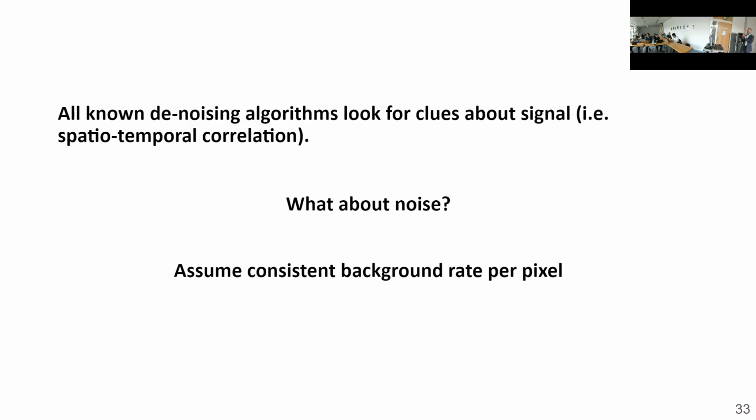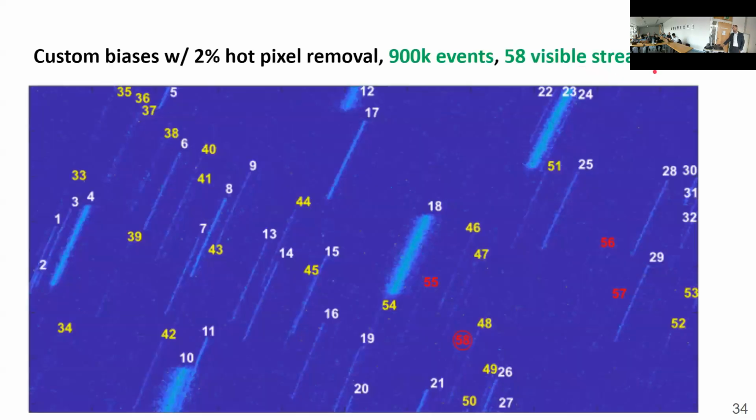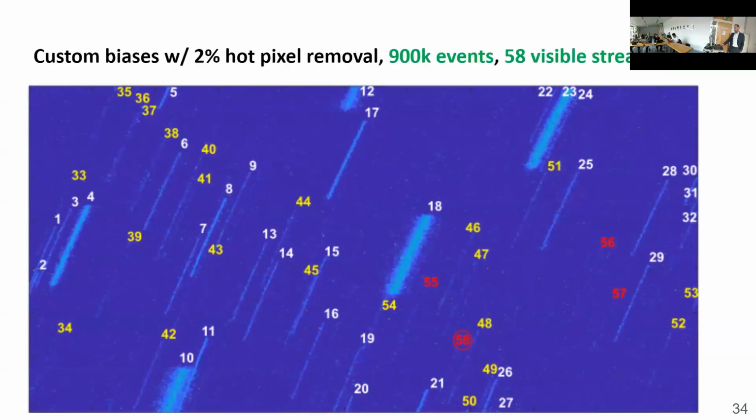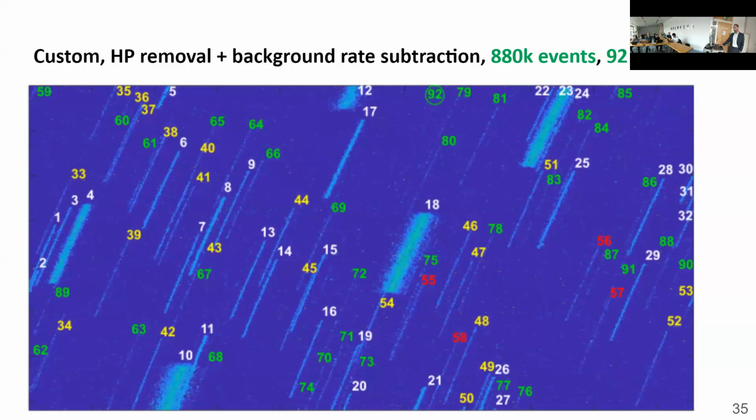I can calculate the average noise rate per pixel, and I can multiply that by the duration of my signal recording. And if I build a frame from that and subtract it from my signal recording, I can go from 58 visible streaks to 92 visible streaks. I'll just go back and forth a couple times just so we can have a little bit of comparison here.